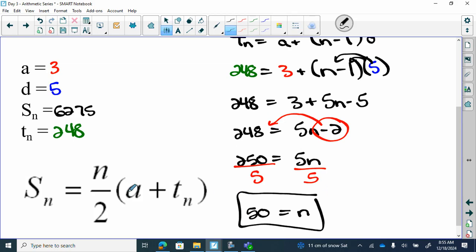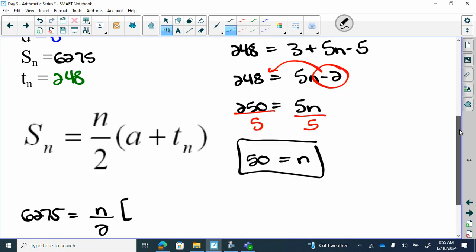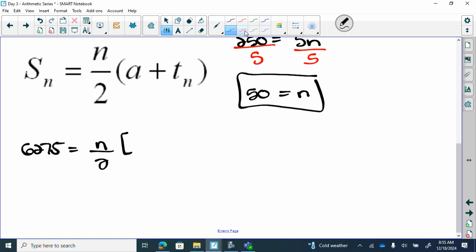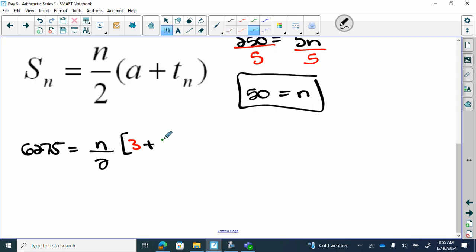If I had used this formula, this is 3. Sn was 6275, is that right? N over 2. A was a 3. What was Tn? 248. So 6275 equals n over 2.